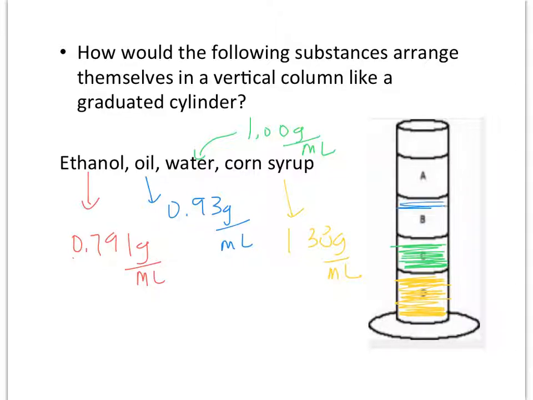We know oil is less dense than water, so it usually sits on top of it. So the oil will be substance B. And then ethanol is the least dense, which is a type of alcohol, so that is going to be substance A in the red.